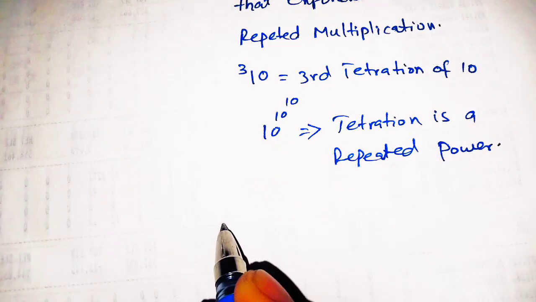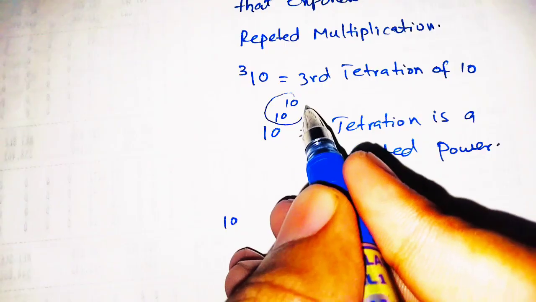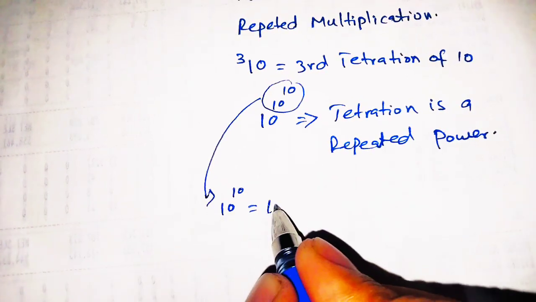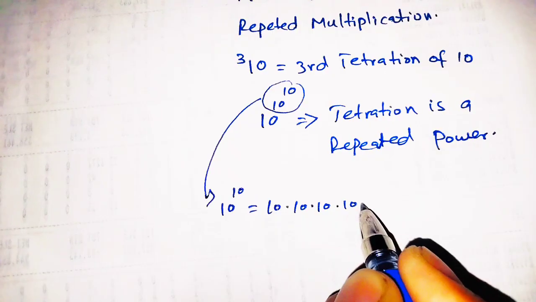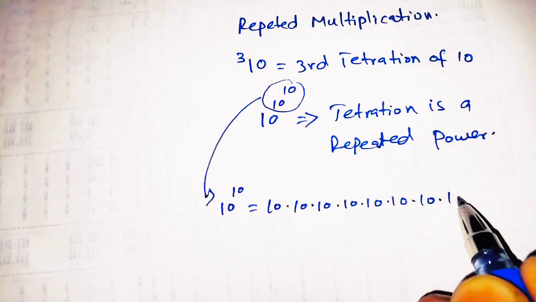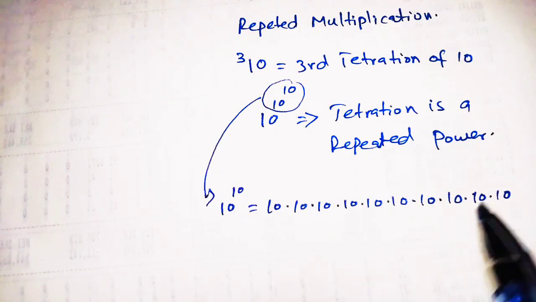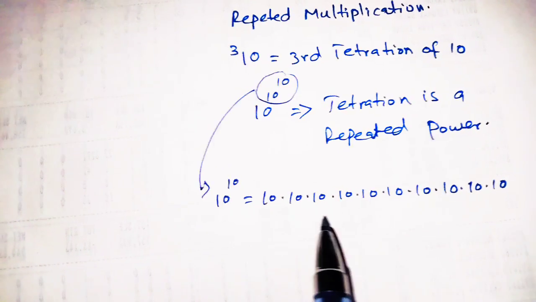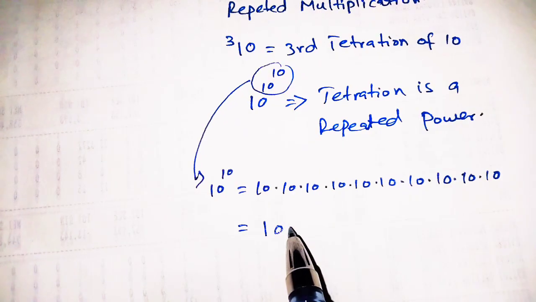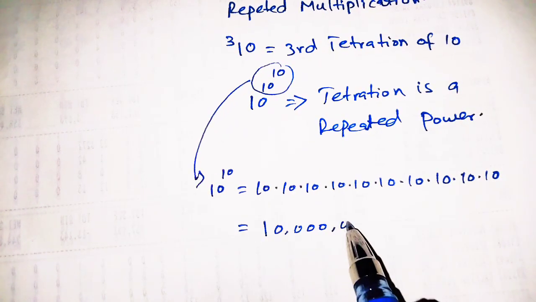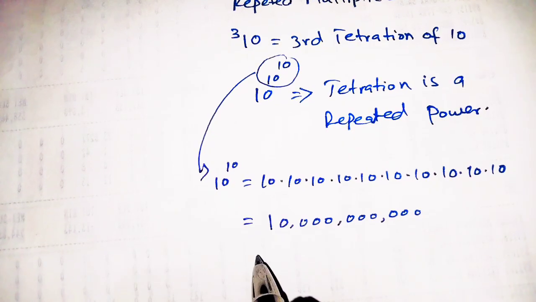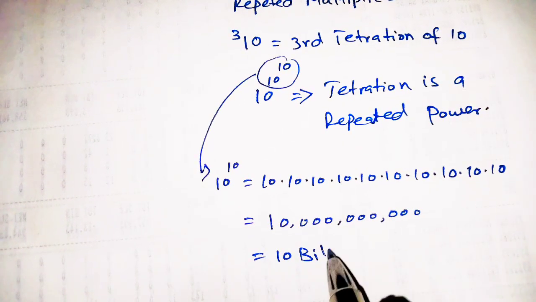The top two powers, 10 raised to power 10, means 10 times of 10, that is 1 followed by 10 zeros, which is equal to 10 billion.